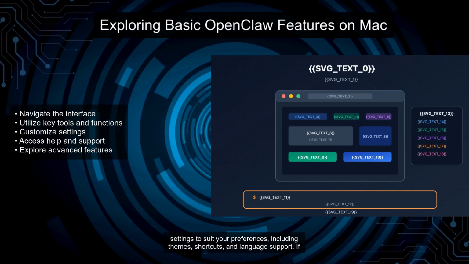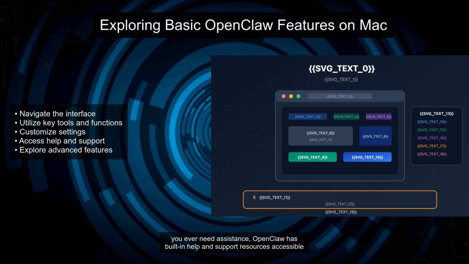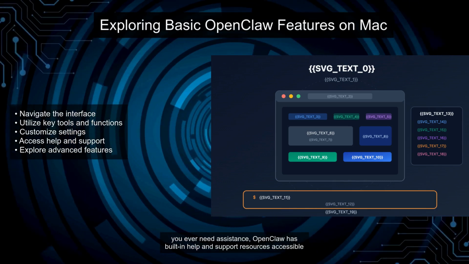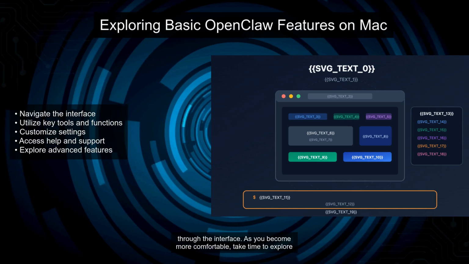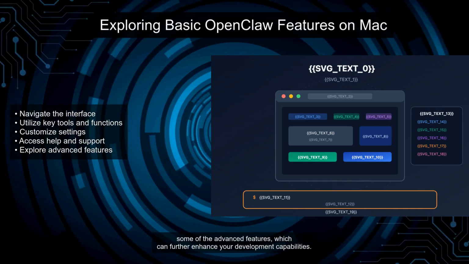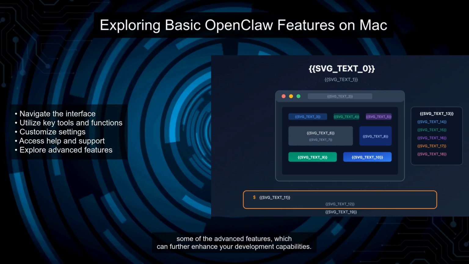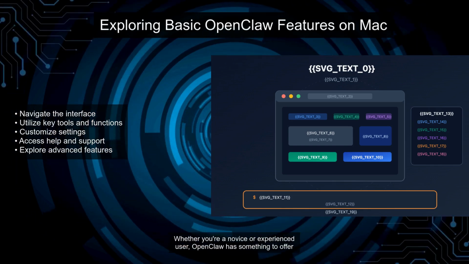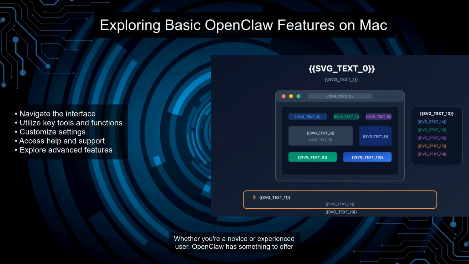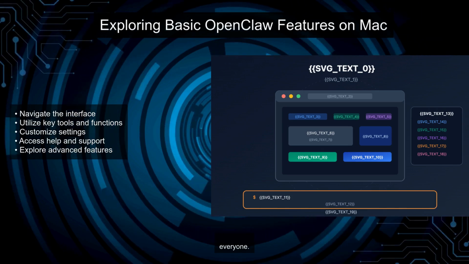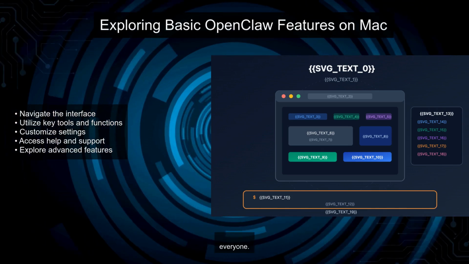Customize the settings to suit your preferences, including themes, shortcuts, and language support. If you ever need assistance, OpenClaw has built-in help and support resources accessible through the interface. As you become more comfortable, take time to explore some of the advanced features, which can further enhance your development capabilities. Whether you're a novice or experienced user, OpenClaw has something to offer everyone.